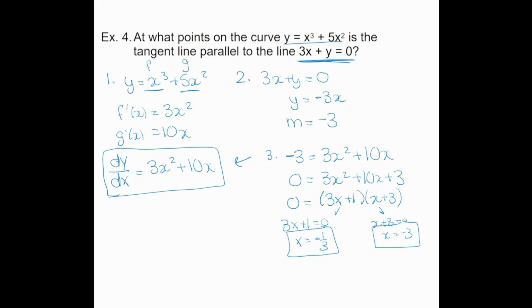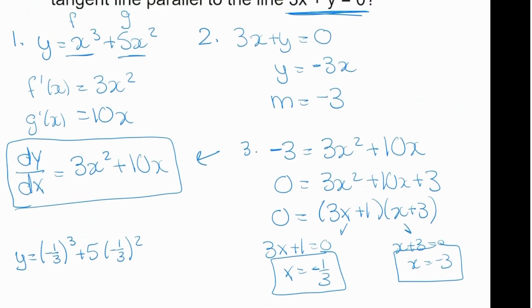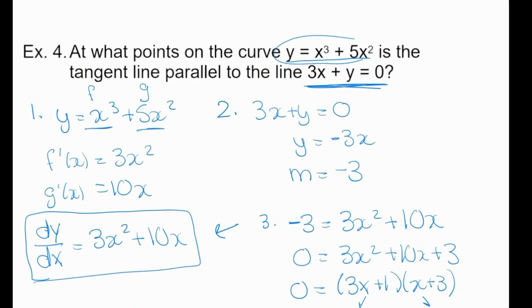I'm just going to make this bigger, and I'm going to do this just over here. So what is our y value when x equals negative 1/3? So negative 1/3 cubed plus 5 times negative 1/3 squared. I'm just getting that from this equation here.